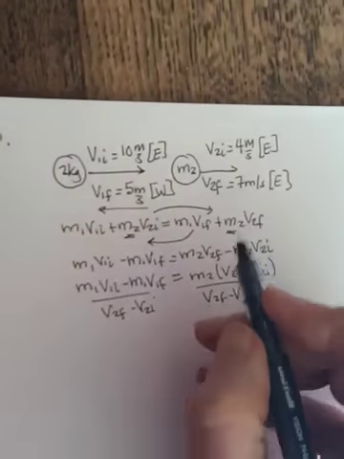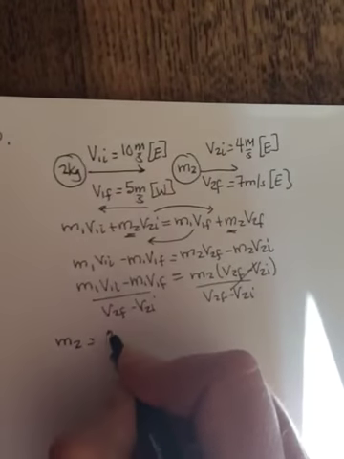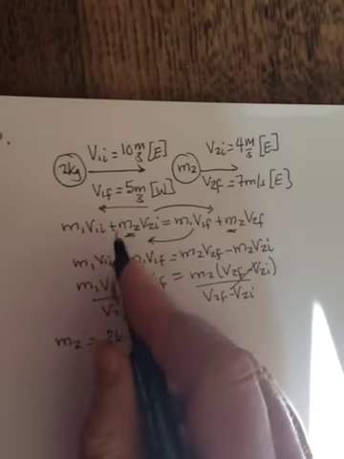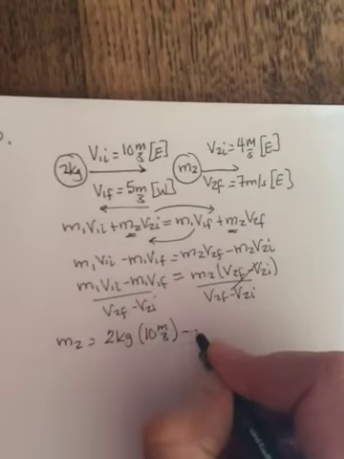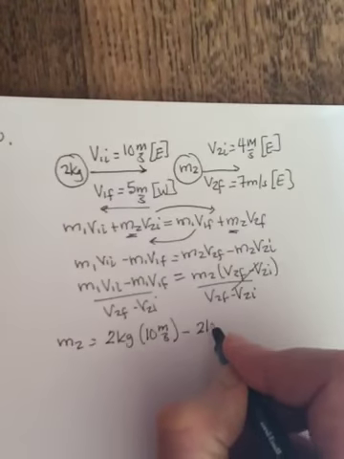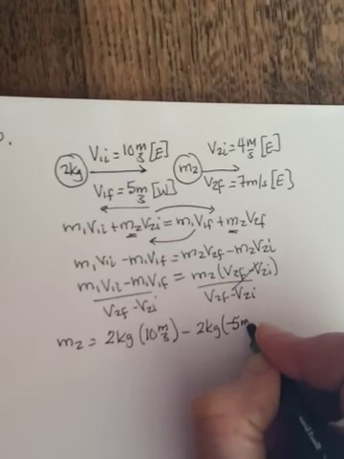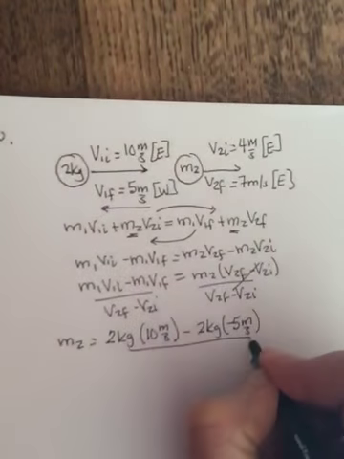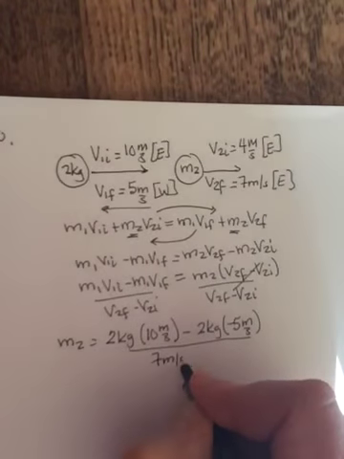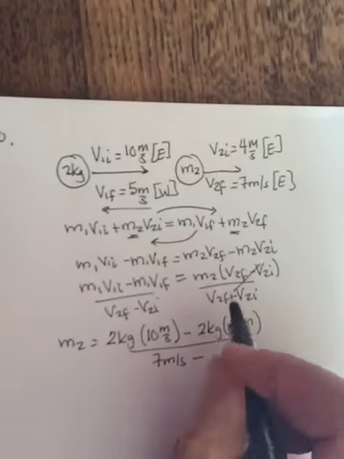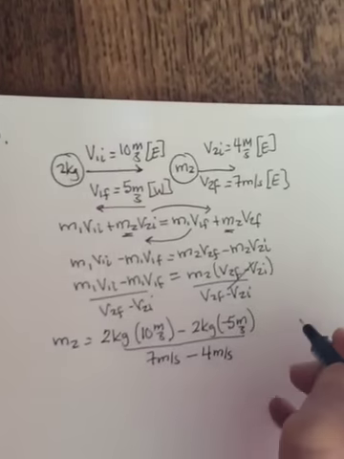So it cancels here, and you're left with M2 by itself. M1 was 2 kilograms. V1 initial was 10 meters per second east, so let's call east positive, minus 2 kilograms times V1 final, which was 5 meters per second west, so it goes in as negative 5. On the bottom, V2F was 7 meters per second east, so it goes in as a positive, minus V2I, 4 meters per second, also east, so it goes in as a positive.